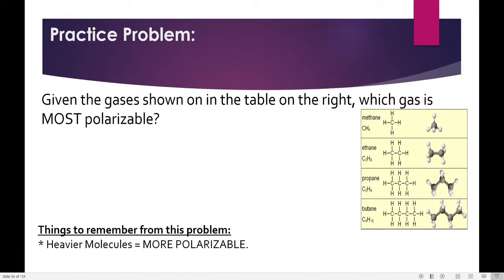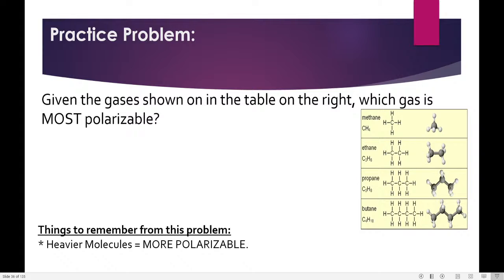Okay, so we're going to look at just a couple of practice problems now. If I give you all four of these gases, could you tell me which one is more polarizable? There are names there, I know it's hard to see. Methane, ethane, propane, butane.